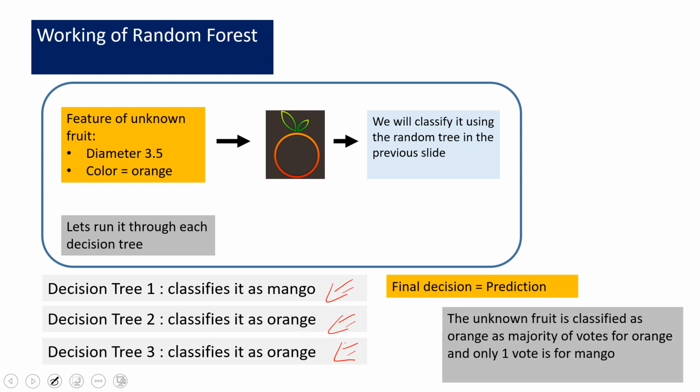But for the bigger scope, let's suppose orange was labeled as X, and mango was labeled as Y. So we can say that X got 2 votes, Y got 1 vote. That means the majority voting wins, and the output of the classifier will be orange. That is all with the random forest.